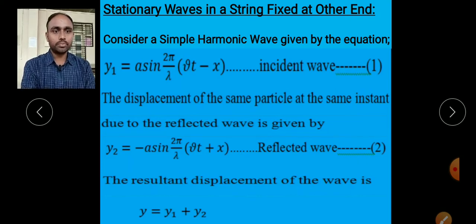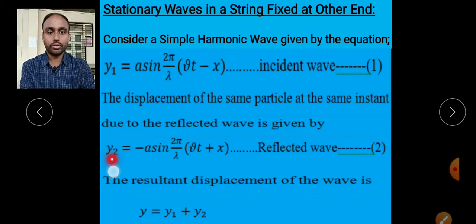Now the displacement of the same particle at the same instant due to the reflected wave. The particle of the medium remains the same, but it vibrates differently when the reflected wave comes, since the vibrations are now in the opposite direction. We call the reflected wave y2.